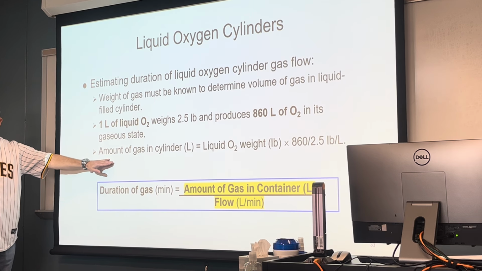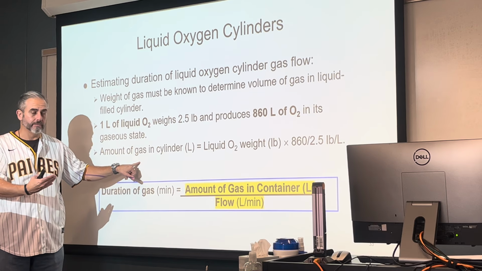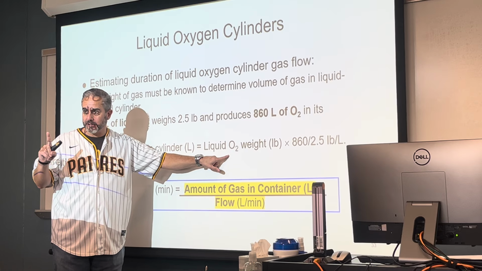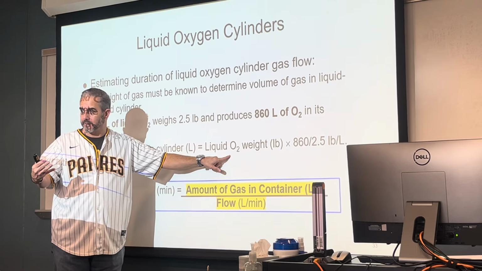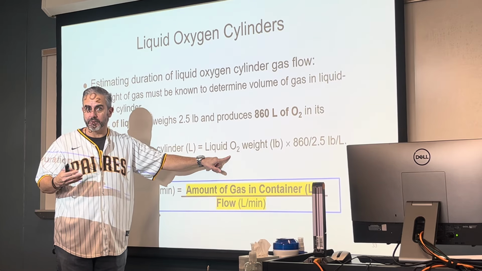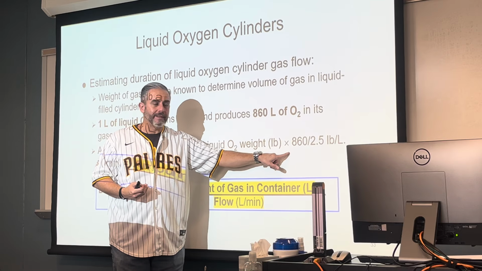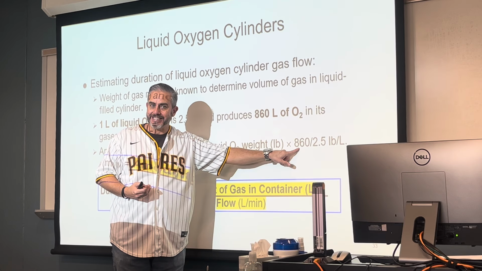To find out how much gaseous oxygen is in this cylinder, I have to know the weight of the liquid oxygen. So that would be given to you in the question. It weighs X number of pounds. I would then have to multiply that by 860 and divide that number by 2.5.